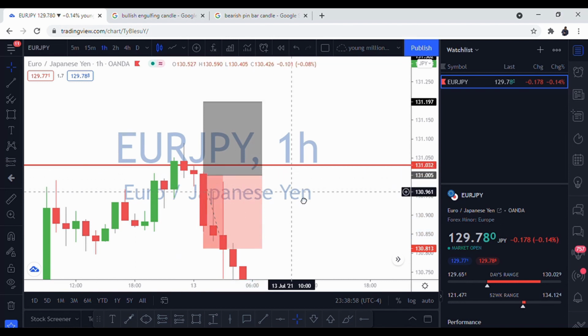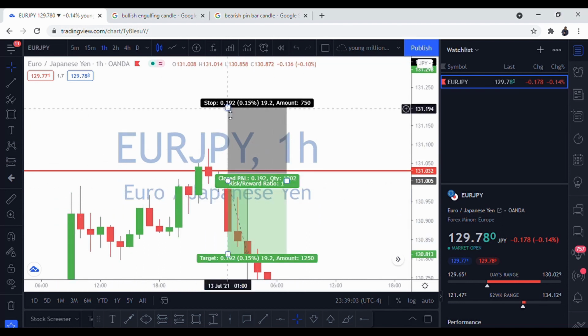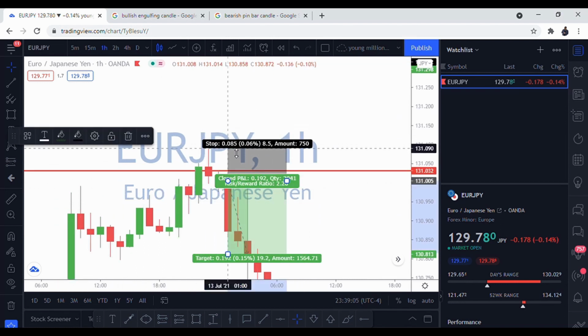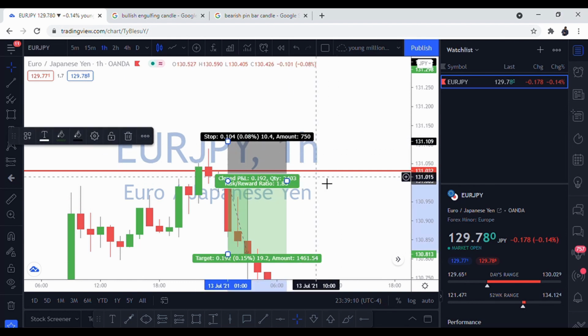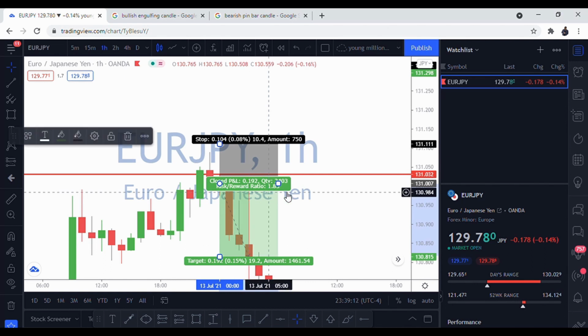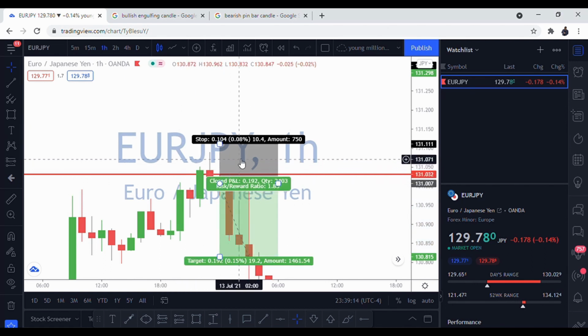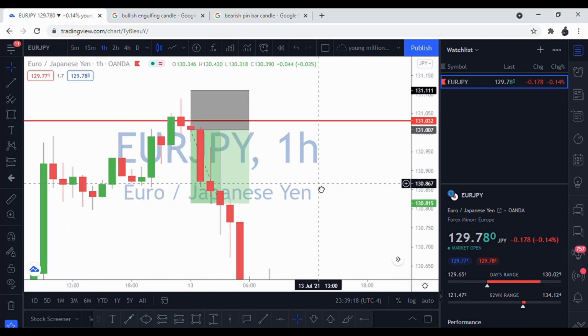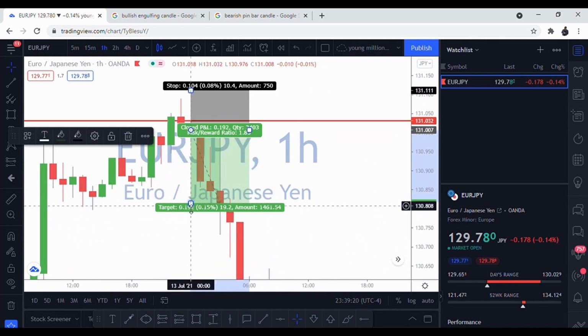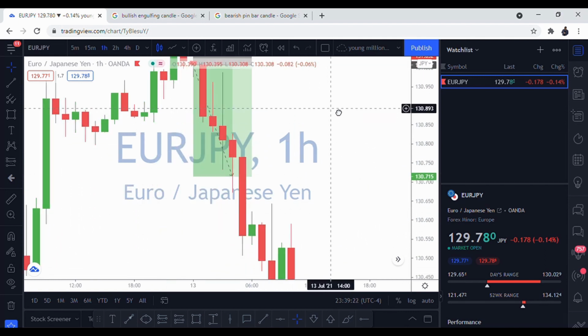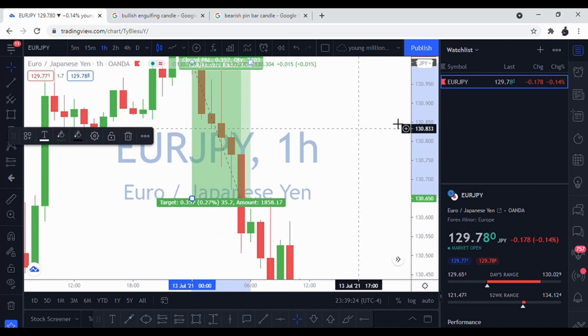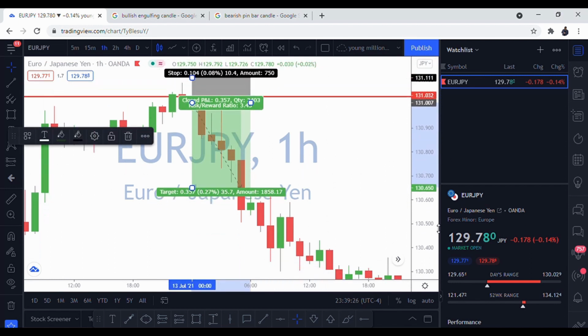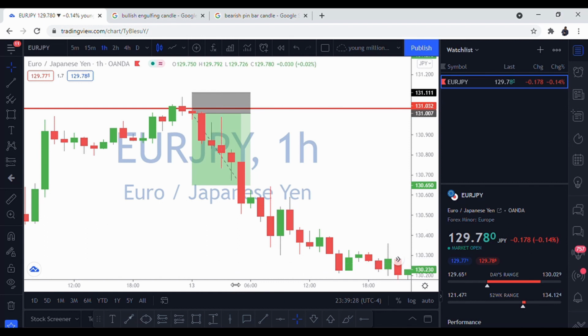So our entry would be right there and have our stop loss above the previous candlestick, just a little bit above it. Sometimes you can overcompensate, but yeah, and my boring 1 to 3, or 1 to however you feel. So basically this would have been a winning trade.